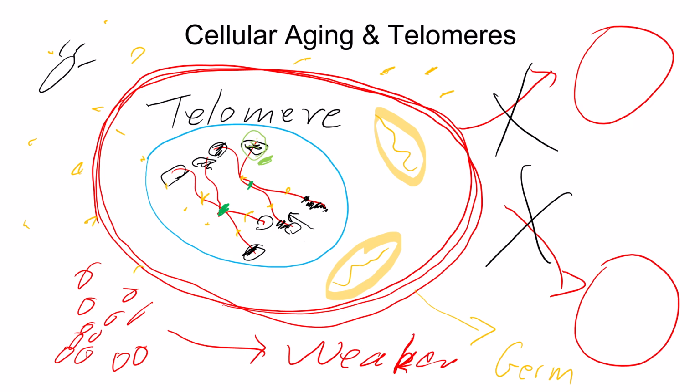It can make new telomeres for your cells so that the DNA can stay long enough for the germ cells to divide. And so from these germ cells, you will pass that on to your kids. So your kids can have a fresh copy of DNA when they are born.